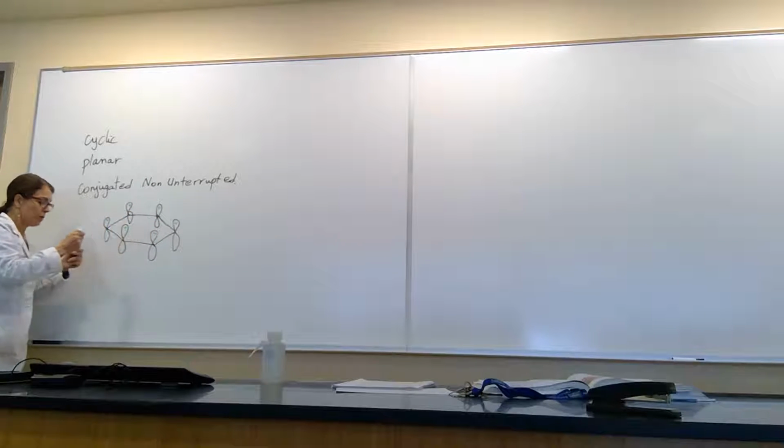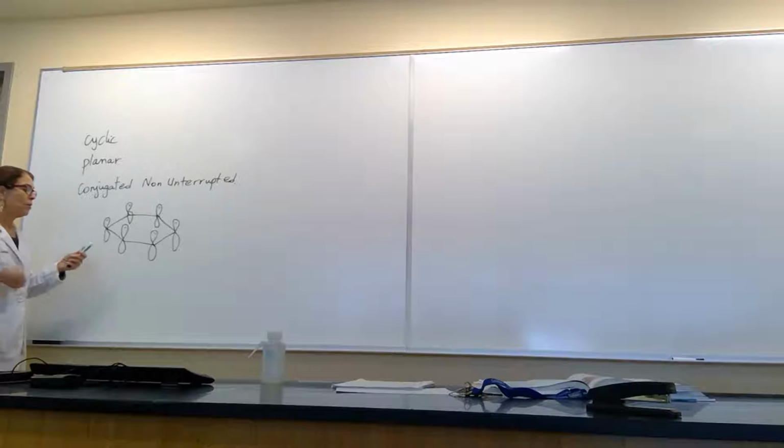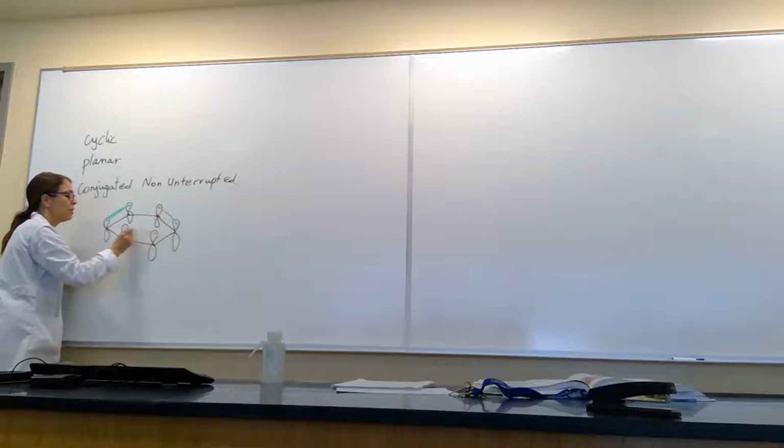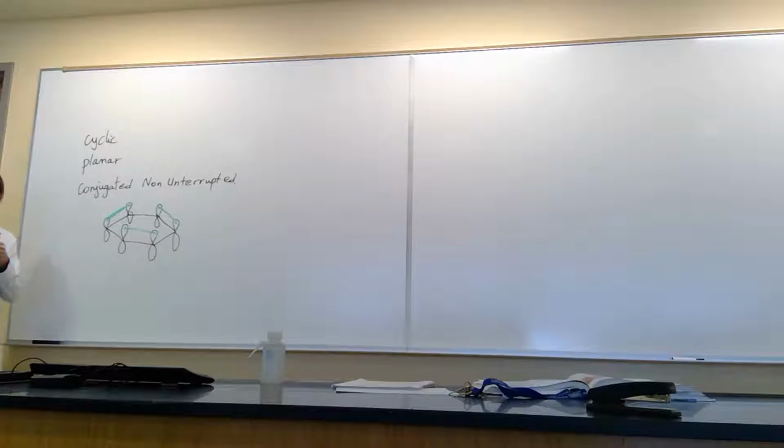I'm going to use the green and then the blue just to give you the 2 options. So one option would be this bonds with this bonds with this bonds with this. You know how pi bonds are side by side overlap, so they bend and touch like this, the p orbital.